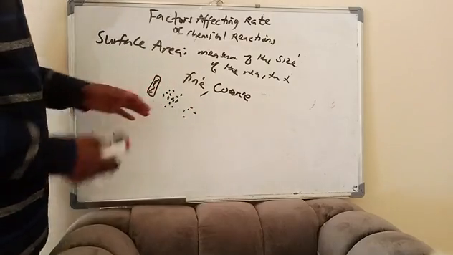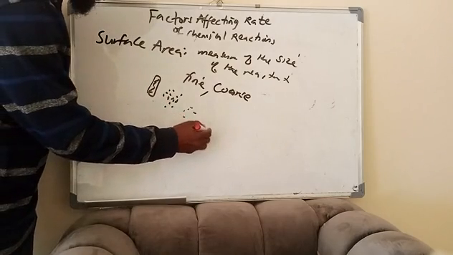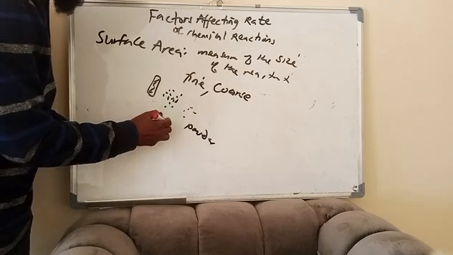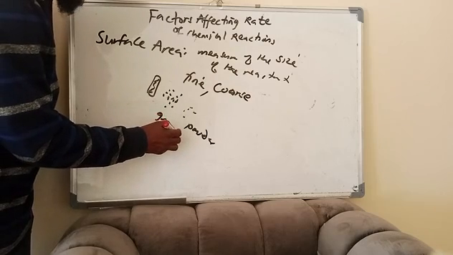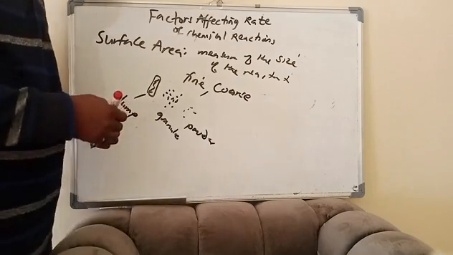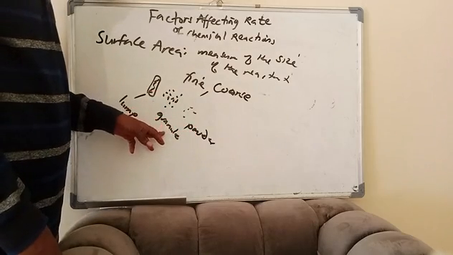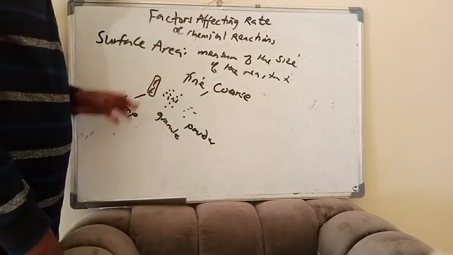So in this case, the powder, the granule, then the lump. These are three different sizes. The finer is the powder, then the next is the granule, then the coarse is the lump.